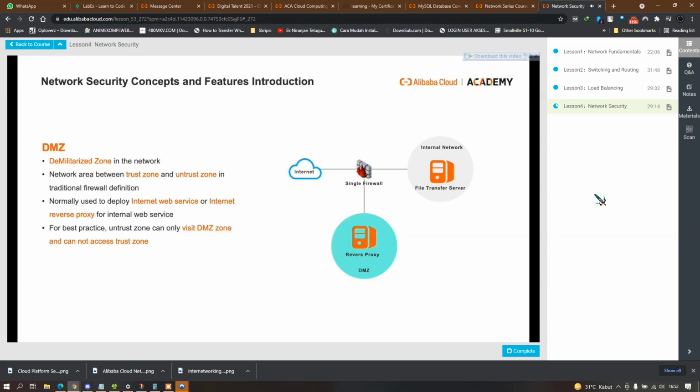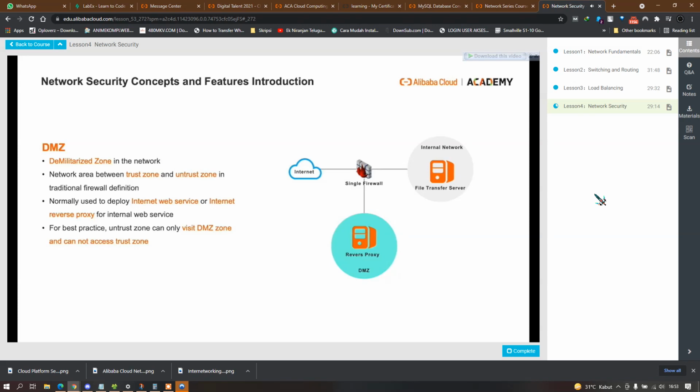So here we can define that the DMZ is used to deploy applications that belong to your internal network but will provide internet service to the outside. It is not a pure internal application, but it will also provide internet service. So this kind of application can be deployed in the DMZ.